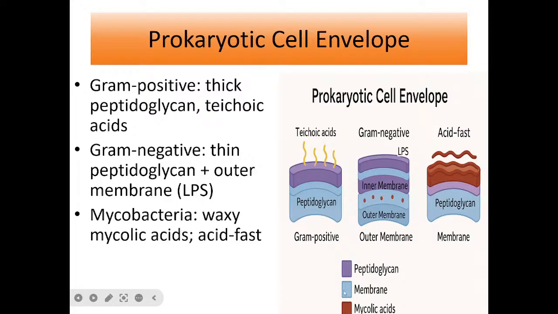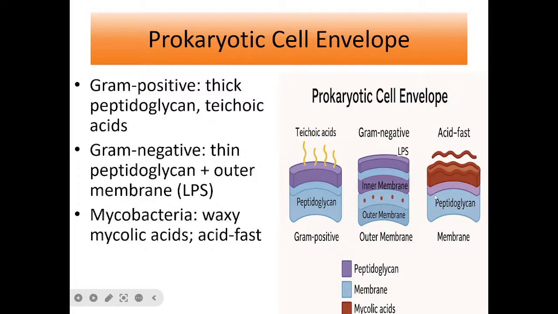This is the color of the membrane. This one now is the peptidoglycan. So gram negative has very thin peptidoglycan, with lipopolysaccharide. It has the outer membrane and the inner membrane.